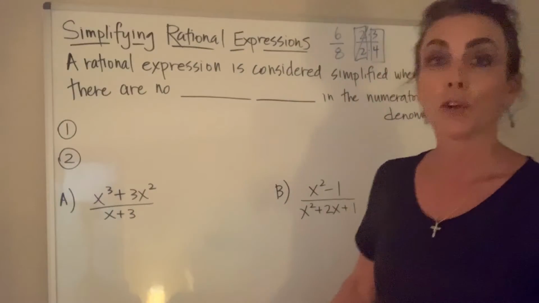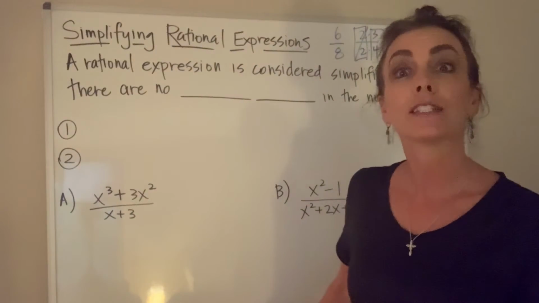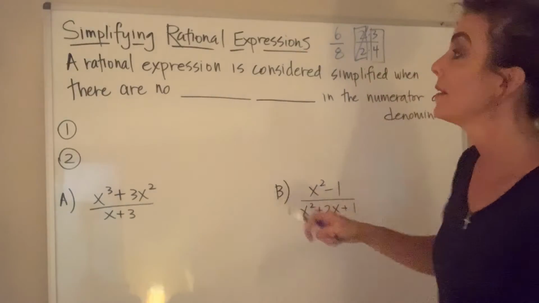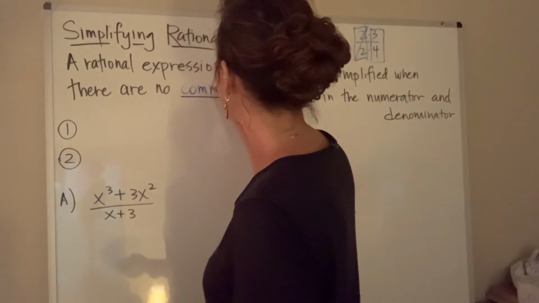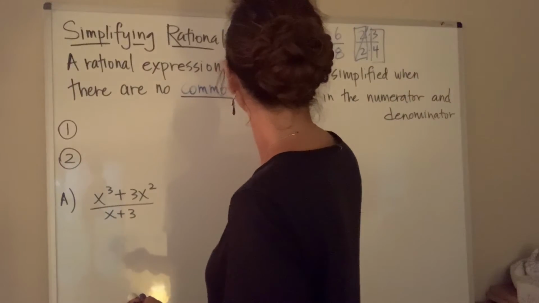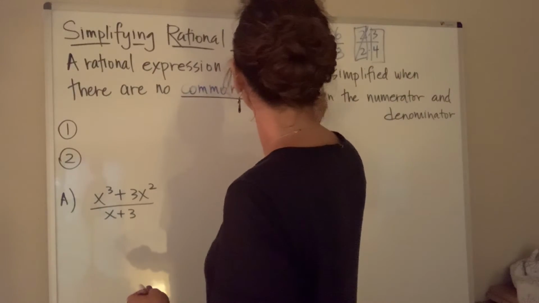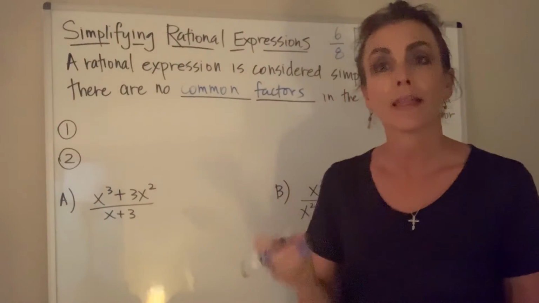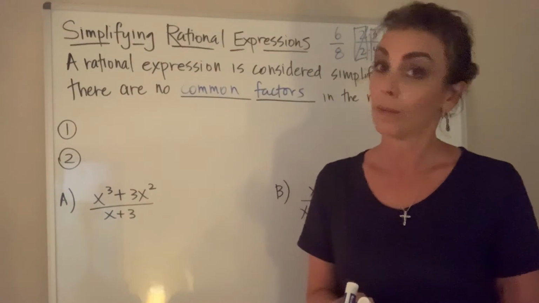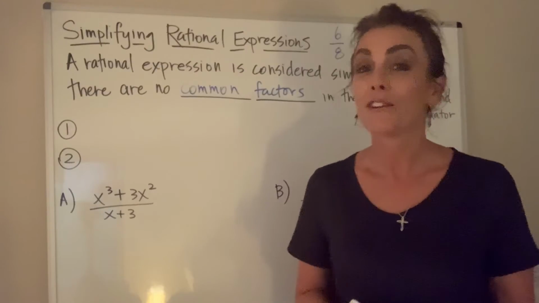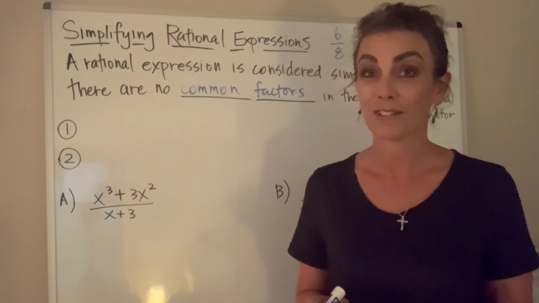Okay? So a rational expression is considered simplified when there are no common factors in the numerator and the denominator. So then how do we go about simplifying? Well, if you're not in factored form, that's what you need to do first.